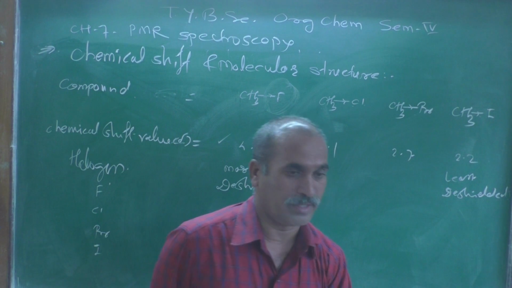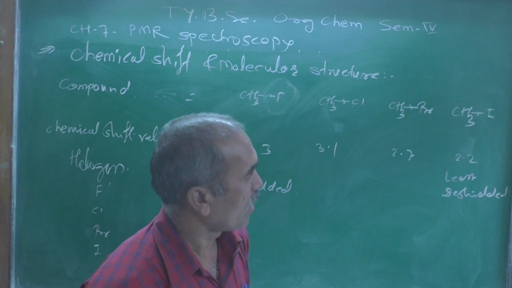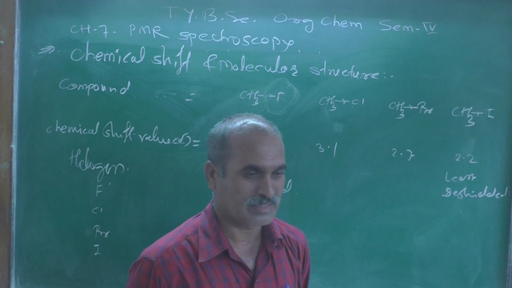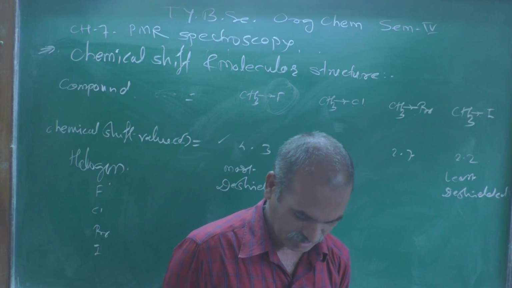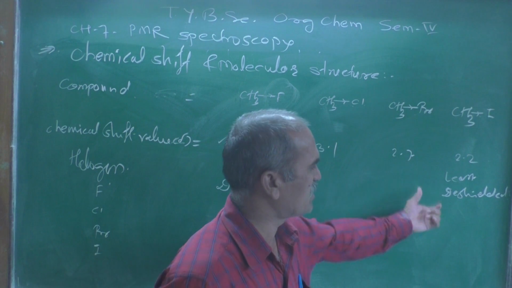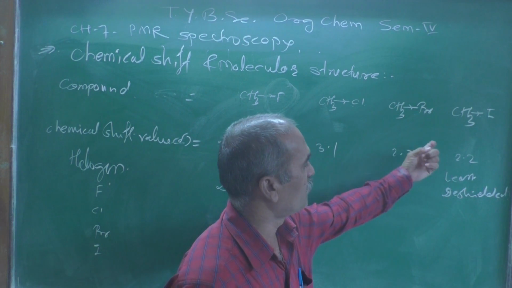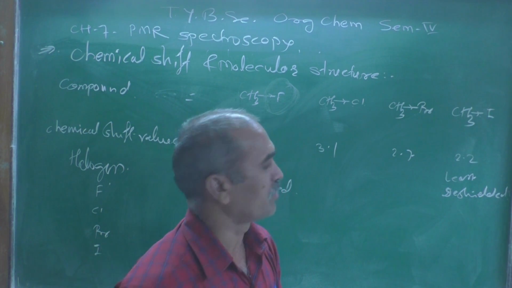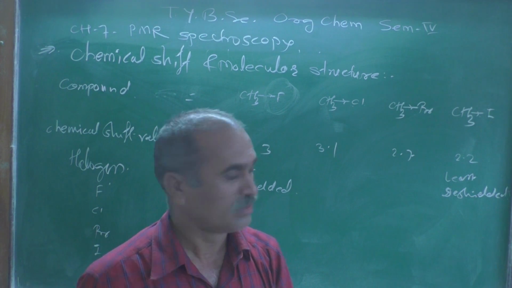Similarly, iodine has the least effect, being the least electronegative among these, and that's why the least de-shielding effect is observed. Here the delta value is found to be 2.2.